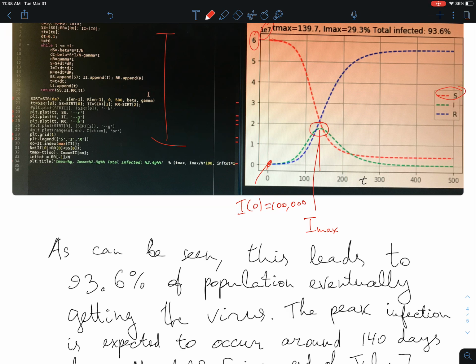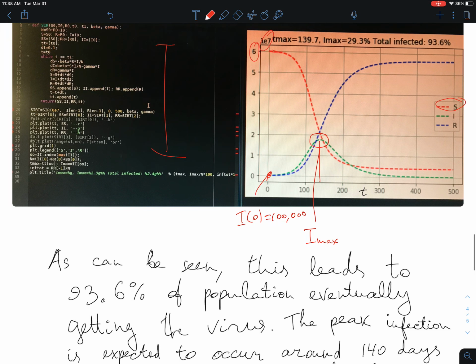At the peak, that's where you need the most medical capacity in the country. After that date, the infection subsides and goes down to 0 eventually.